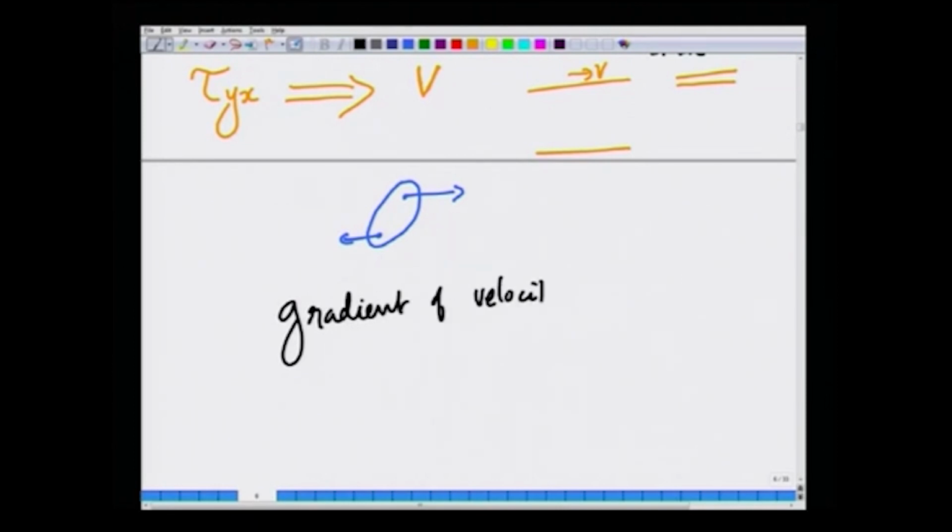So, stresses in a fluid cannot be generated purely by rigid body motion of the entire fluid. There has to be relative deformation between 2 points in a fluid, and that is captured by the gradient of velocity. If you have flow in the x direction, the velocity component of interest is V x. If the x component of the velocity is different at two different points, then we say that there is a gradient. This is denoted by dV x by dy.